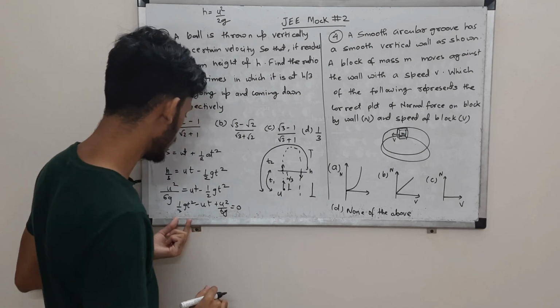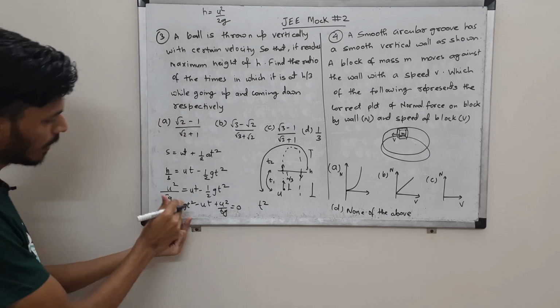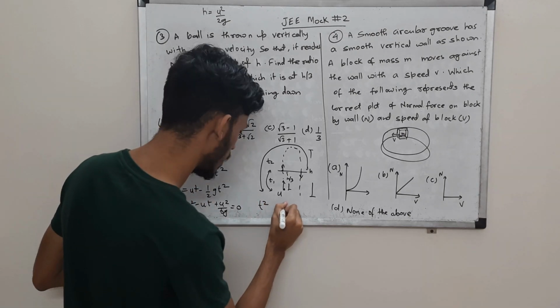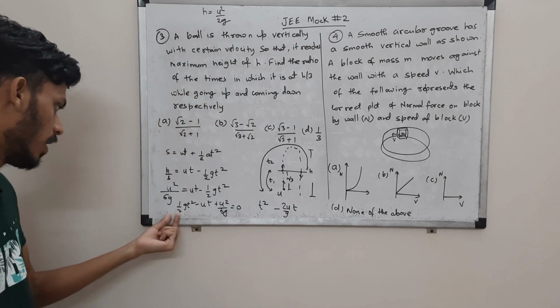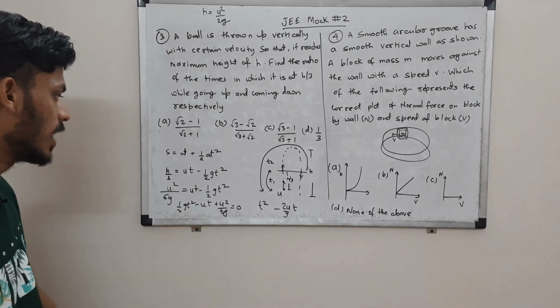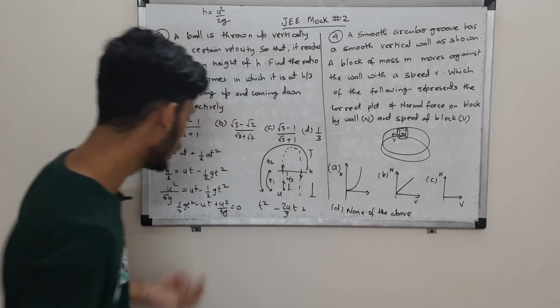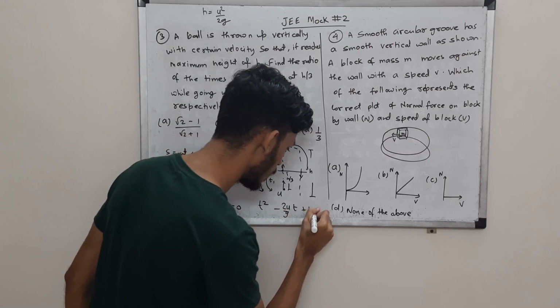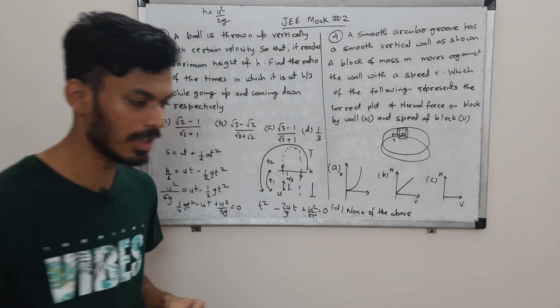Now let's make the coefficient 1, so t square, and we'll multiply by 2 by g. This will become 2u by g into t, and we multiply by 2 by g again. Each term is multiplied by 2 by g, so this will become g square and 3, as 2 will cancel 6 as 3, so u square by 3g square. So this is the quadratic that we get.